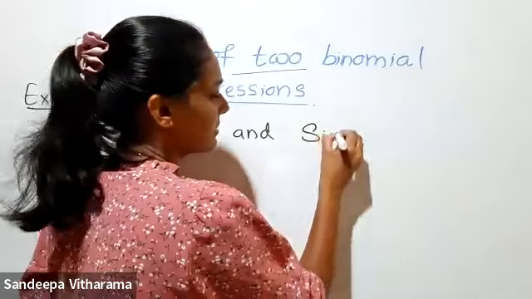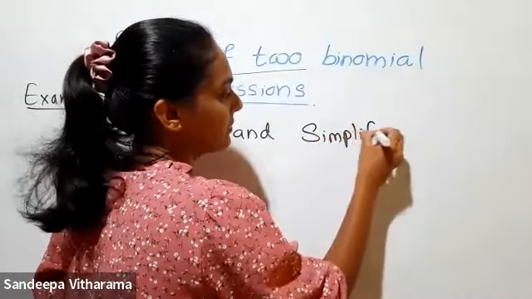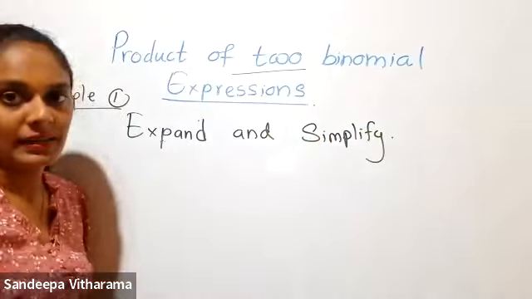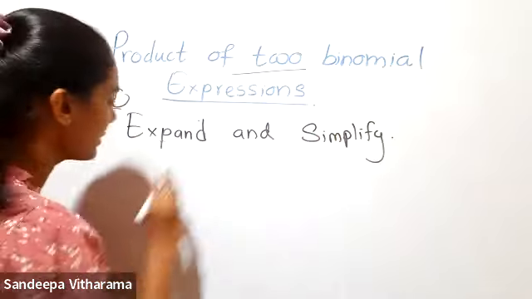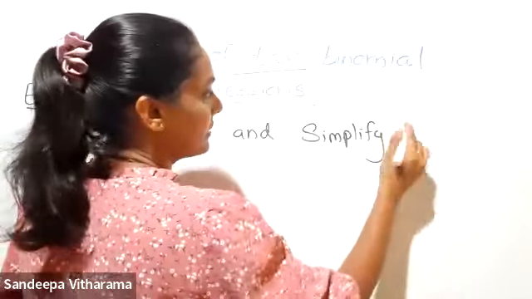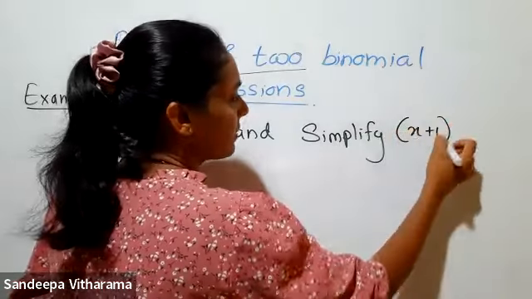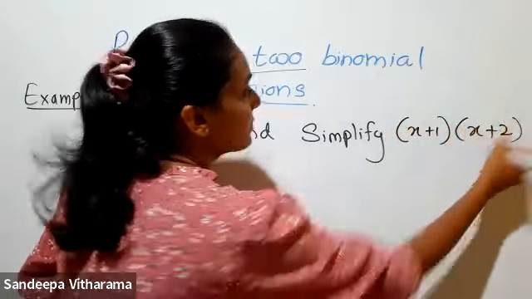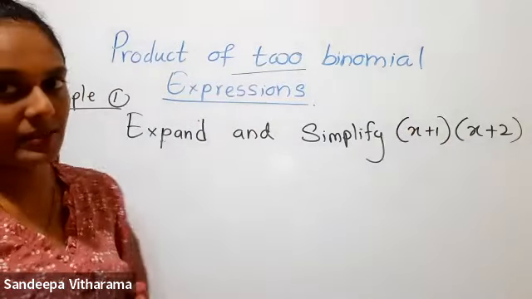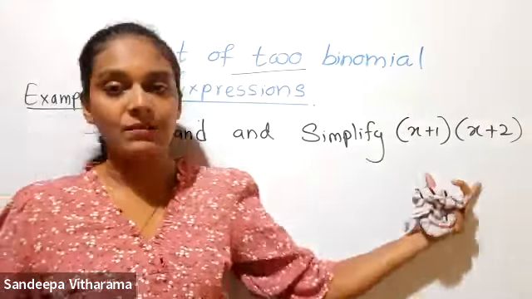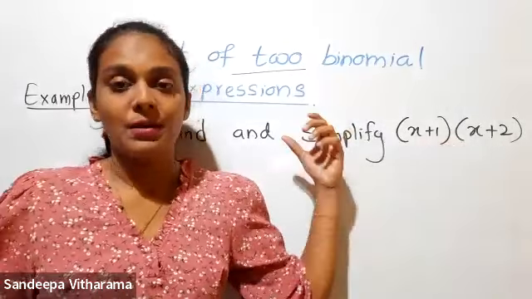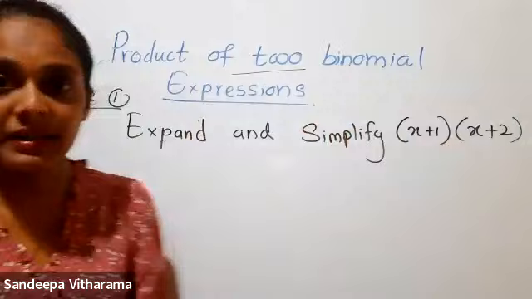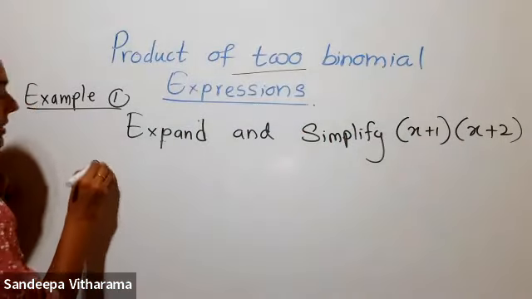Or they may have given simplify. Expand and simplify හරි නැත්නම් simplify හරි කියලා දෙන්න පුළුවන්. මෙන්න මෙහෙම දෙන්නේ. (x + 1)(x + 2). Then you have to understand that it is given a product between two binomial expressions. Then let's see how we get the answer.